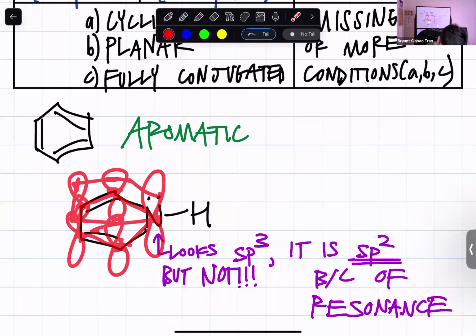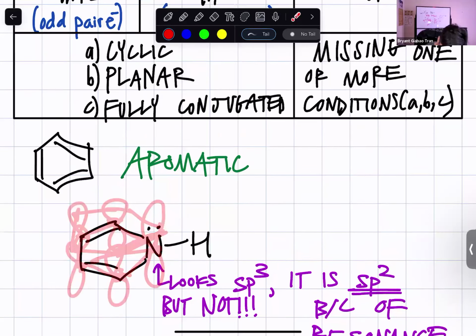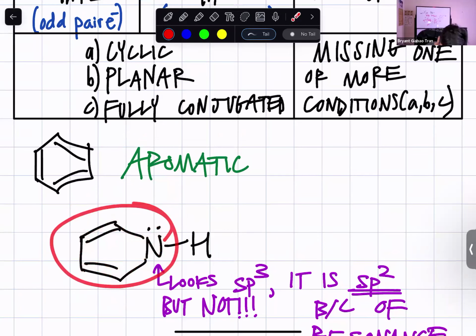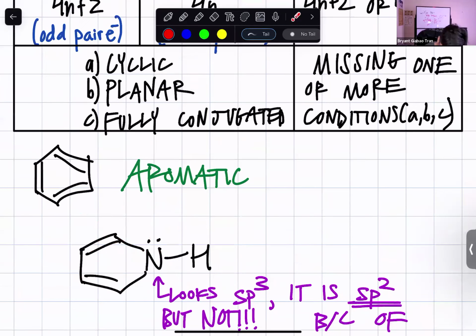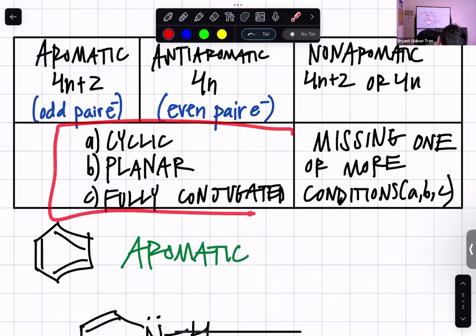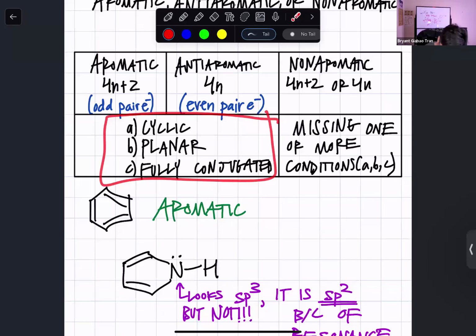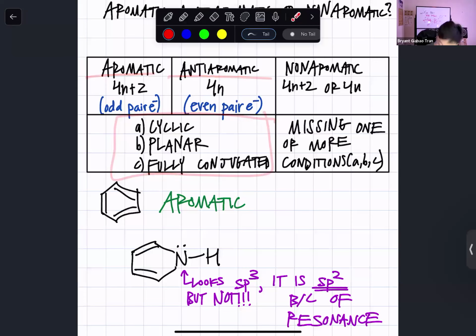That is full conjugation right there, making it planar. So it does fulfill the conditions. Now, aromatic or anti-aromatic? There are 3 pairs of electrons in this conjugated system, and that makes it aromatic.